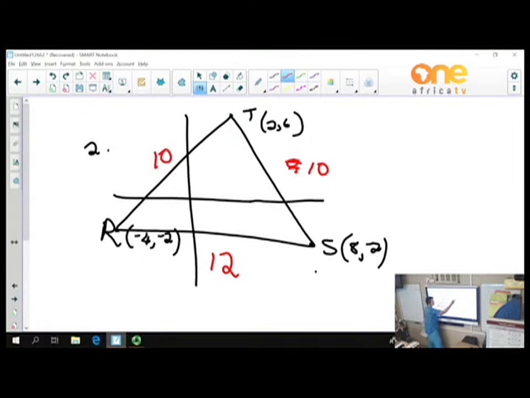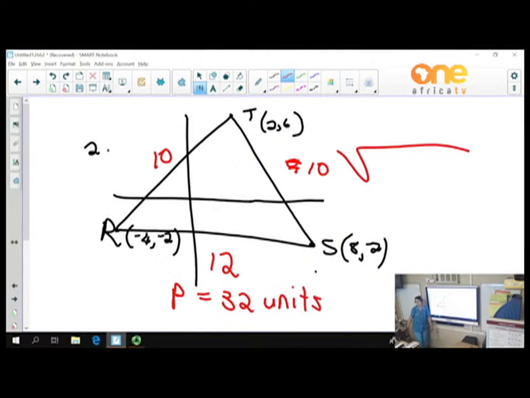I used Pythagoras. No, that won't work, because it's not to scale, so it will definitely not work. You'll have to calculate it. And so the perimeter is then 32. The perimeter is 32. We call it units because it's not centimeters or whatever, then we work with units.